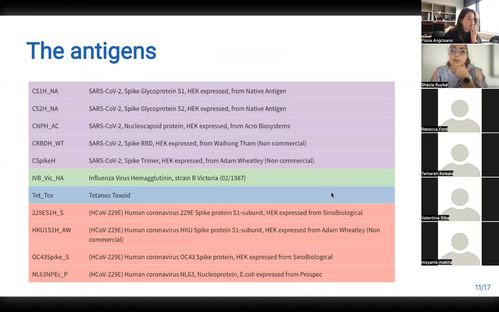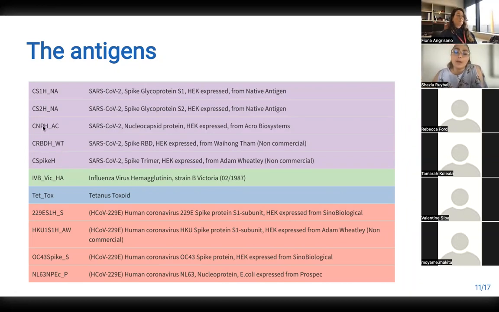So the antigens in the panel, and I know we've gone through this already, but I thought I would just remind you, we have 5. The purple antigens are the 5 SARS-CoV-2 antigens. Back to the question before of vaccine versus natural infection, the spike antigen is the one we would expect to have high levels of antibodies in the case of vaccination, and possibly also with natural infection.